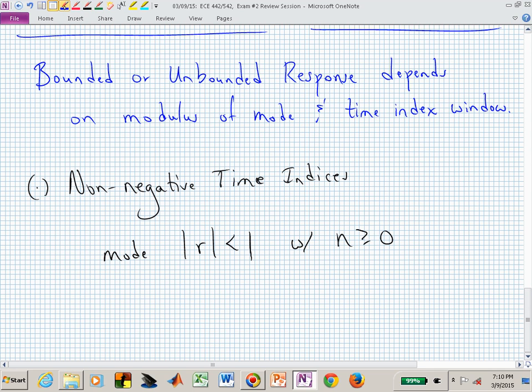What do we know about the bounded behavior of that response? Is it clear that it's bounded? You are taking this modulus r, the magnitude of your mode, and raising it to non-negative values of n. Since that modulus is less than 1, you have a bounded response.